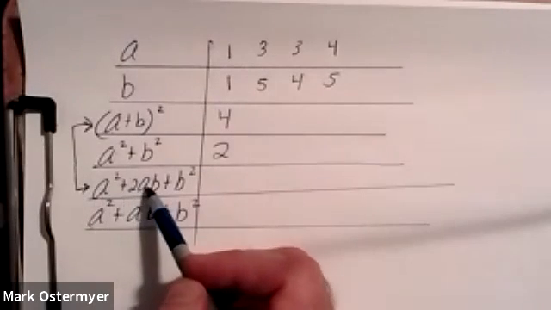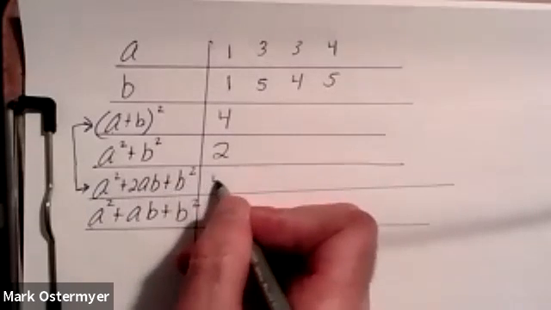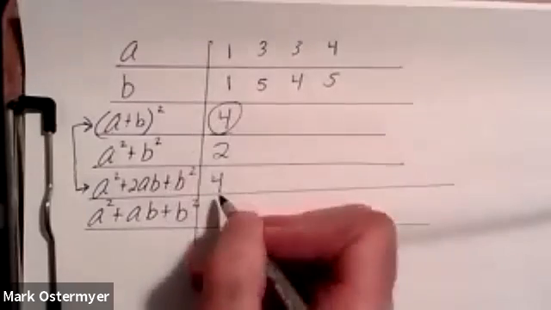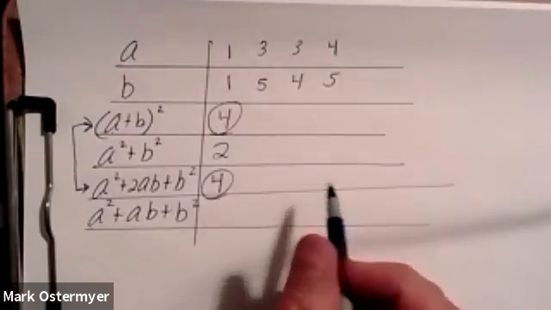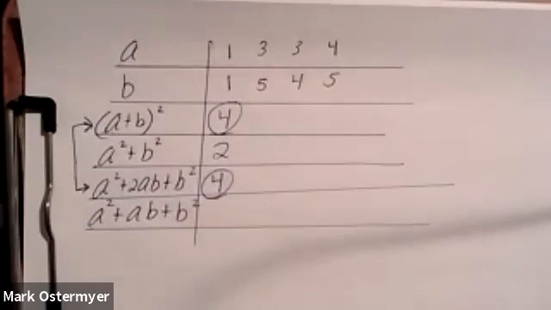This is plus 2 times 1 times 1, which is 2. And this is plus 1 squared, or 1. This will be 1 plus 2, which is 3, plus 1 is what? 4. Do you agree that these are equivalent to each other? And they should be, because this is really equal to this. Isn't that true? This is this.